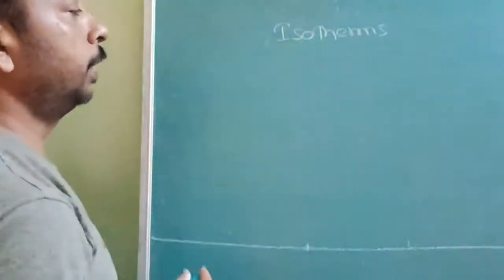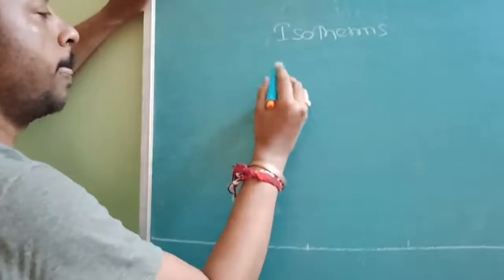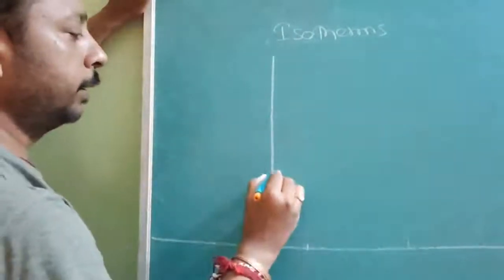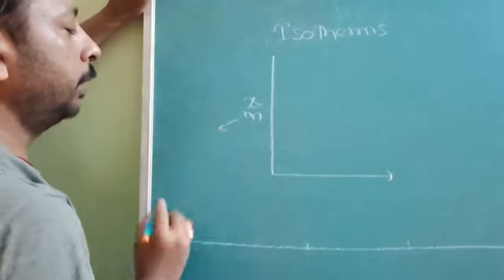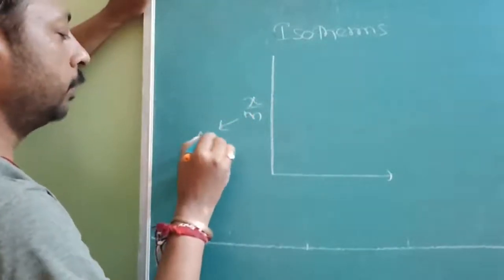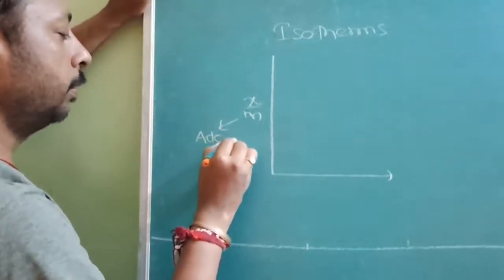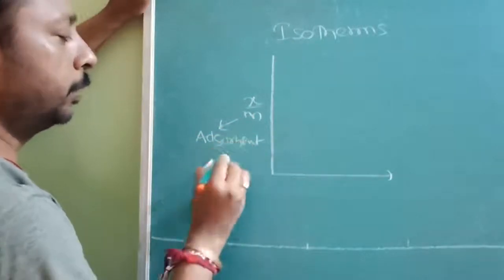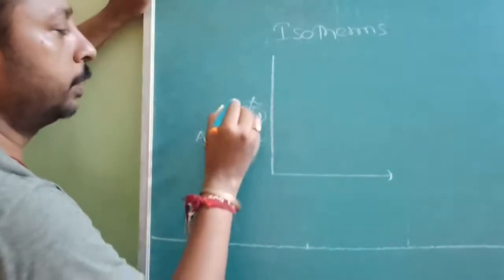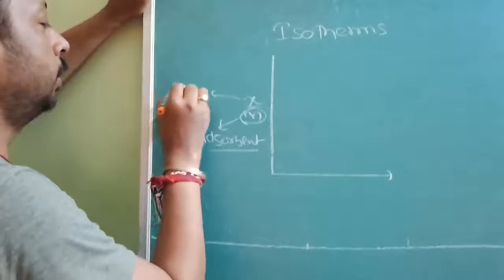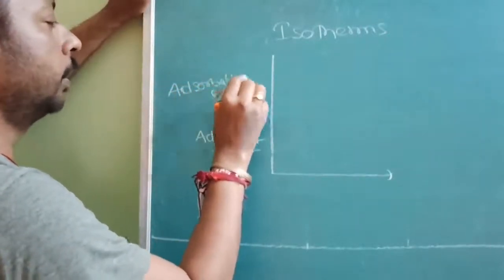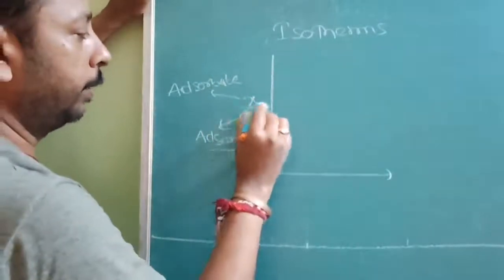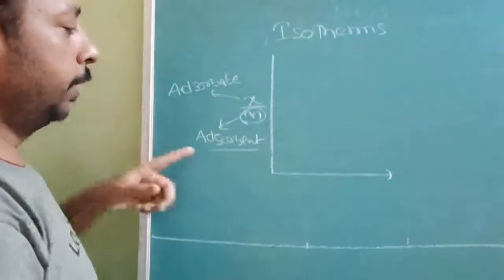Here I will take x upon m on the y-axis. Here it is the quantity of adsorbate, and this is regarding the adsorbent on which adsorption is taking place.